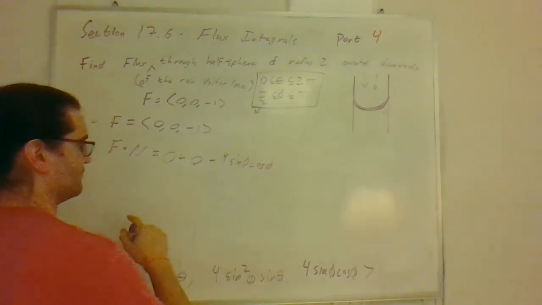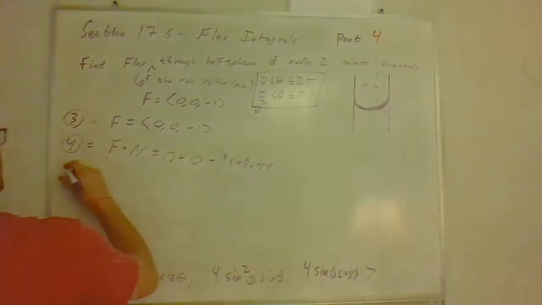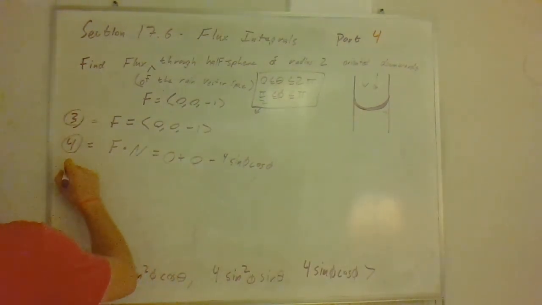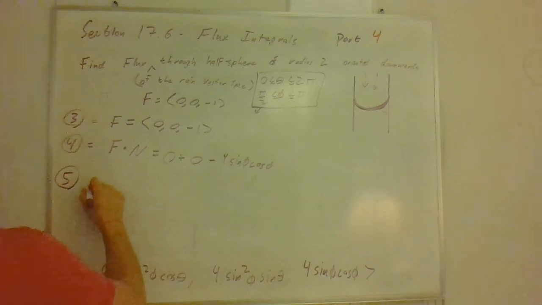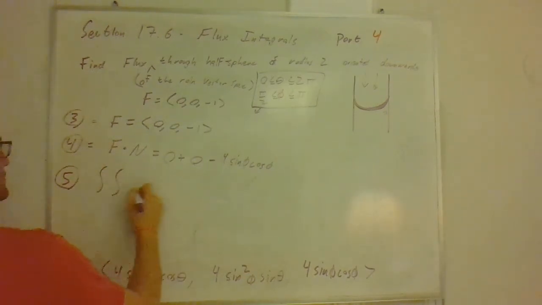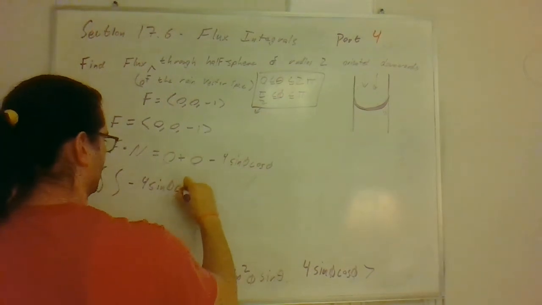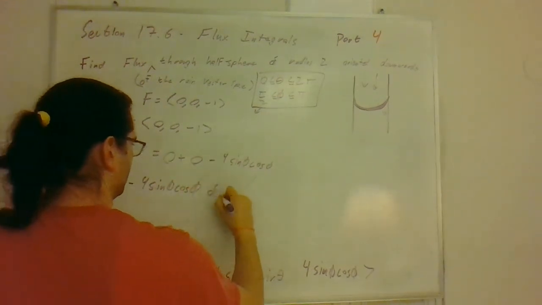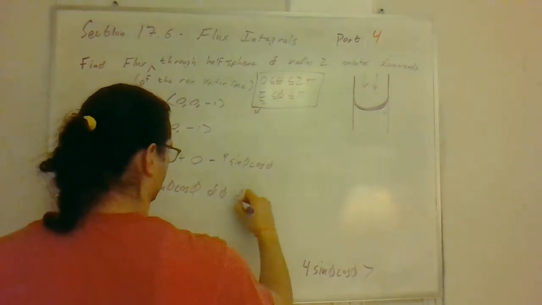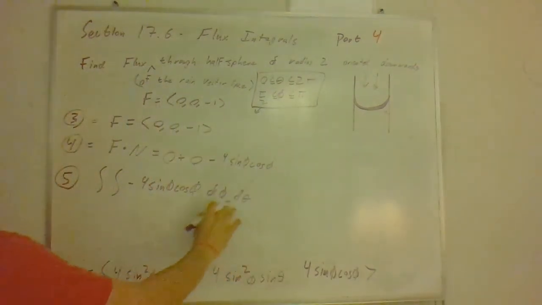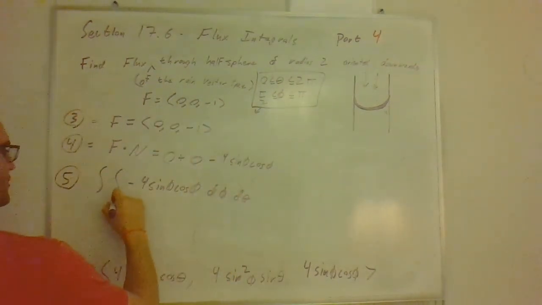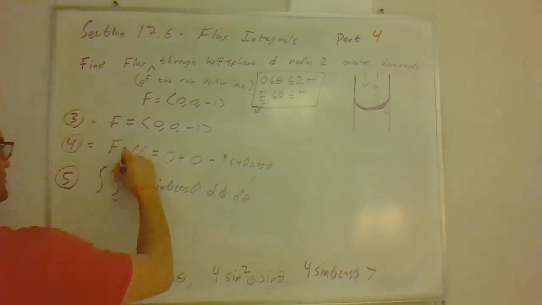negative 4 sine phi cosine phi. So last step is I need to take the integral of this dot product, negative 4 sine phi cosine phi. Let's do d phi first and then d theta after. With d phi here, we're going from pi over 2 to pi.